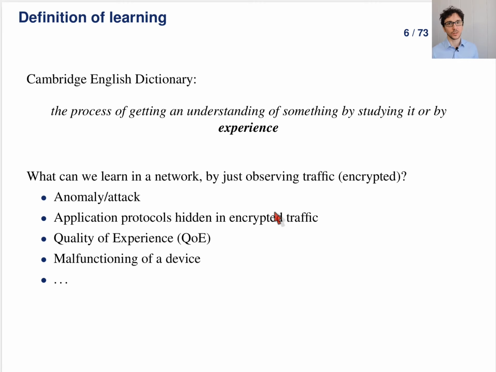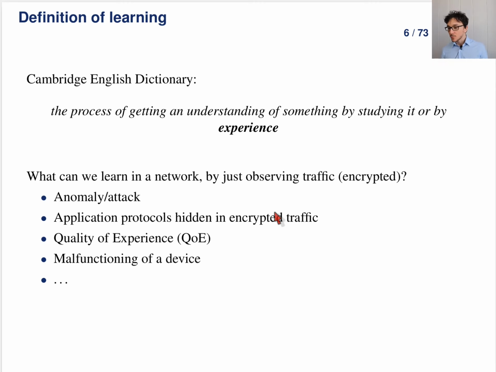In the context of communication networks, what can we learn? We can learn how to recognize anomalies or attacks. We can learn how to observe an encrypted traffic trace and understand what application protocols are hidden in this trace.